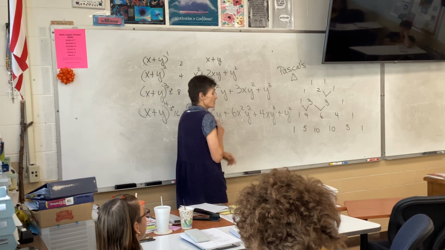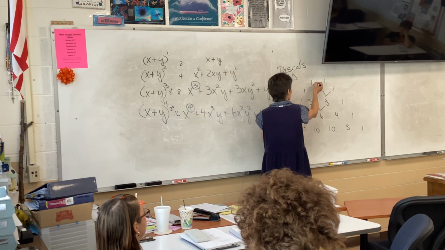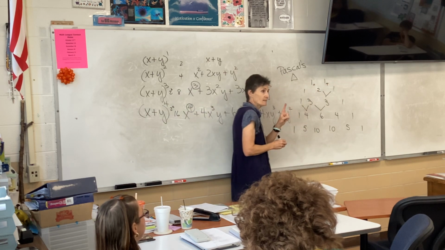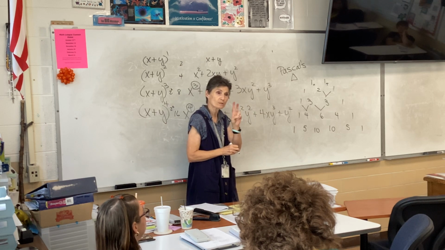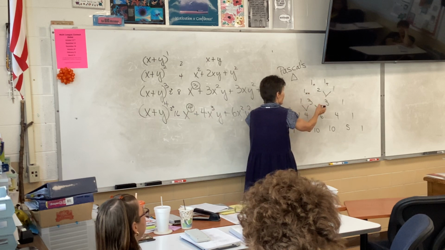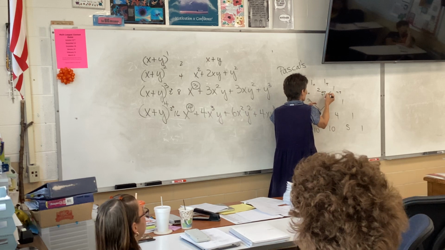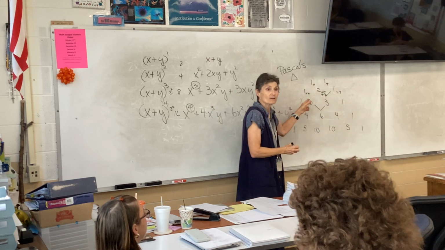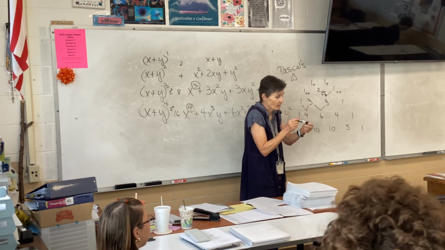If you toss a coin one time, there's one chance of getting a head and one chance of getting a tail, right? But if you toss two coins or toss a coin twice, there's one way you could get two heads and one way you could get two tails, and then two ways that you could get one of each. So that's kind of where this all came from.